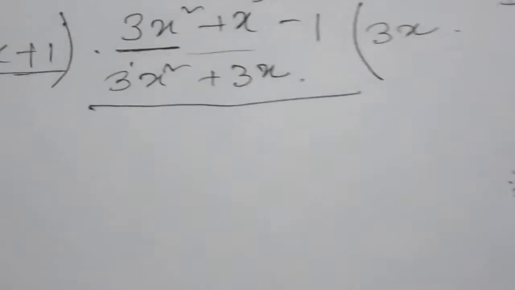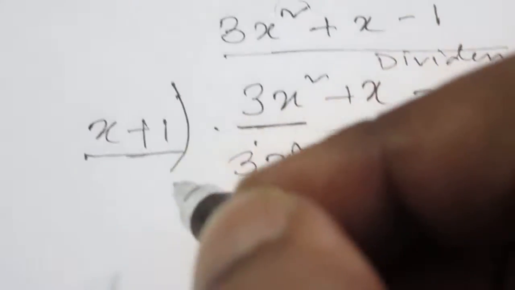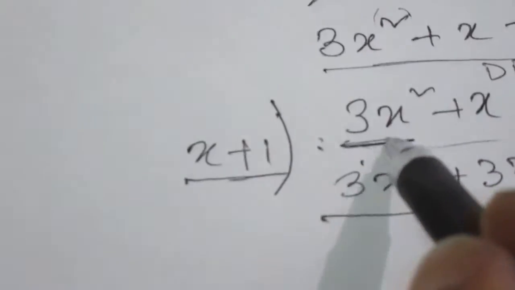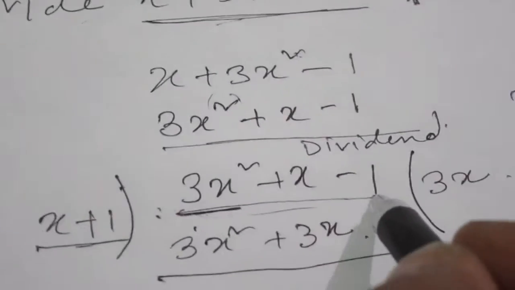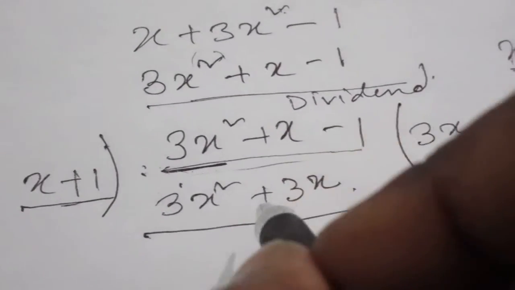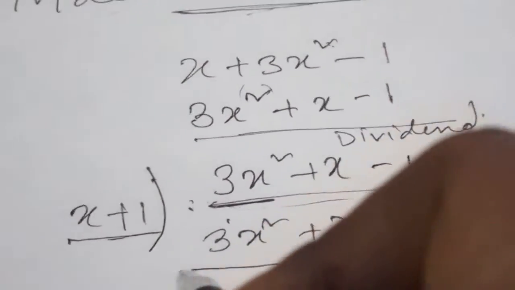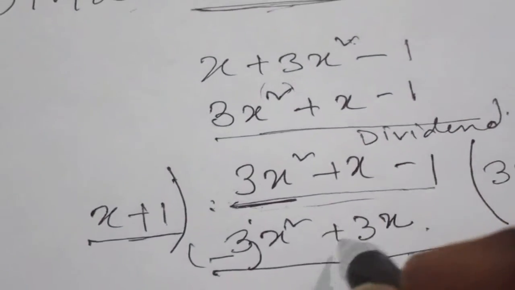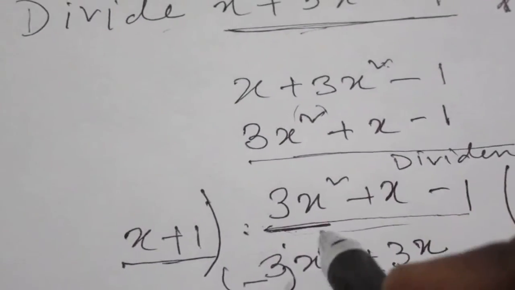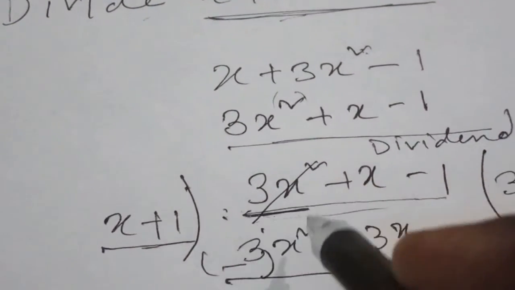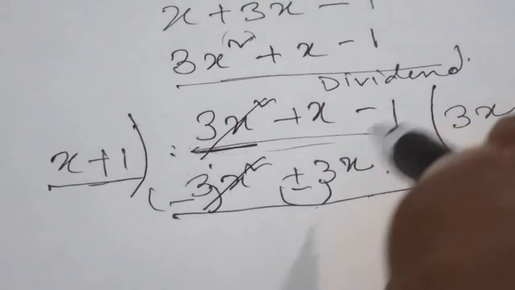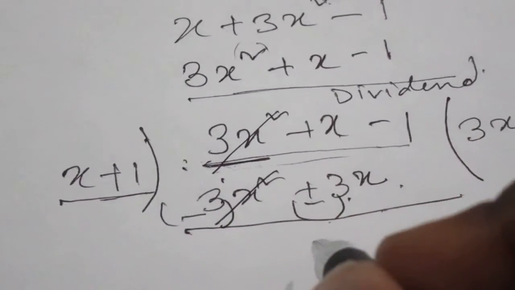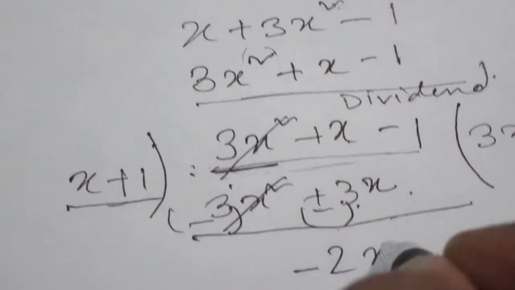Okay, so now if we subtract thrice x square plus thrice x from thrice x square plus x minus 1, what we get? See, we will write minus here, and here also minus. So thrice x square minus thrice x square will get cancelled. What is left? x minus thrice x will give me minus twice x.